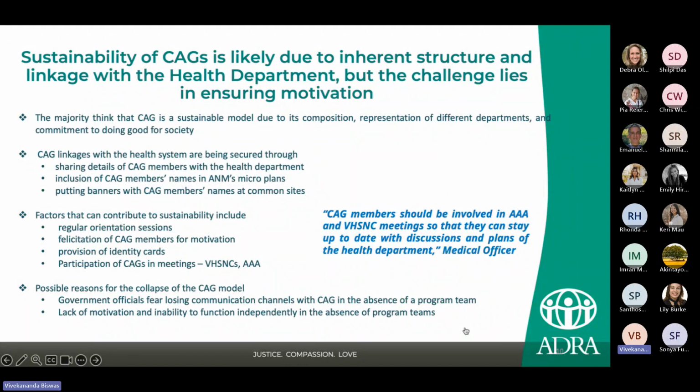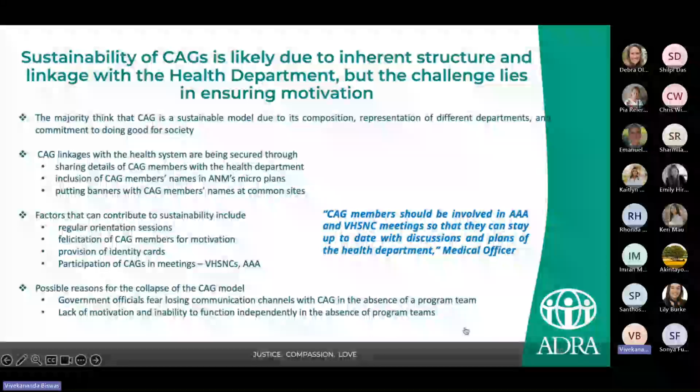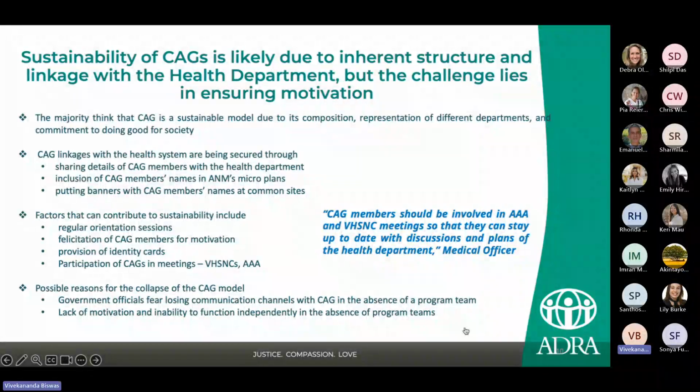Time to time, like we have the 3-tier Panchayati Raj system, local self-government. So whenever there is an opportunity, they are getting recognized and felicitated by the local self-government, the health department, or the district magistrate.